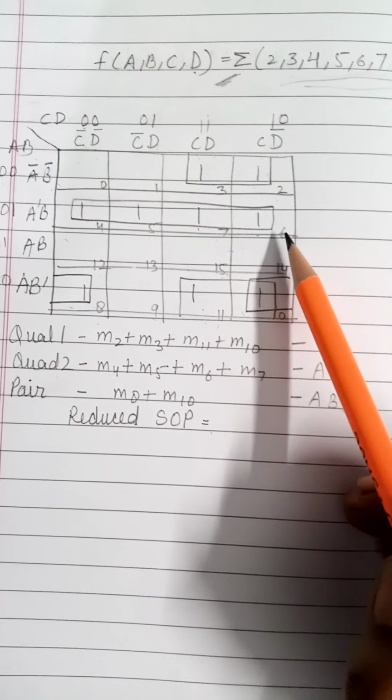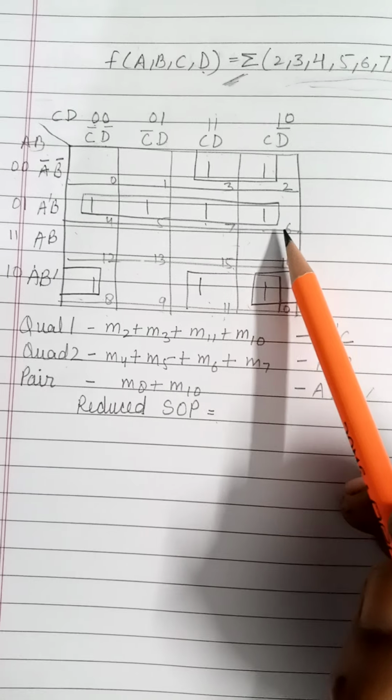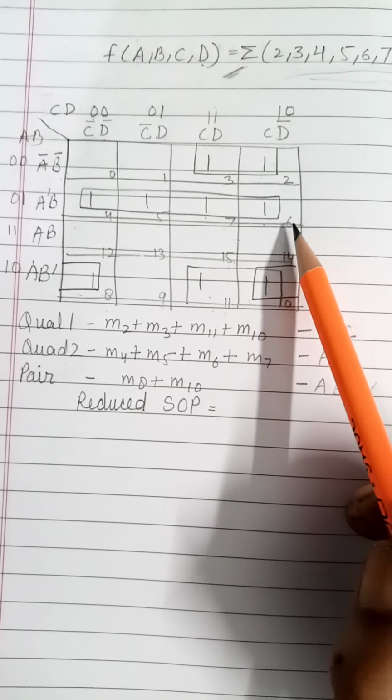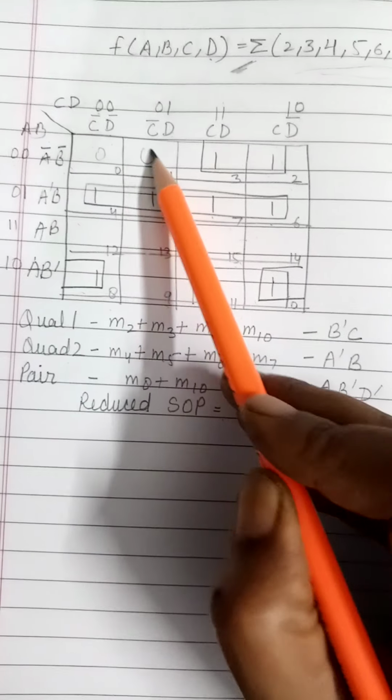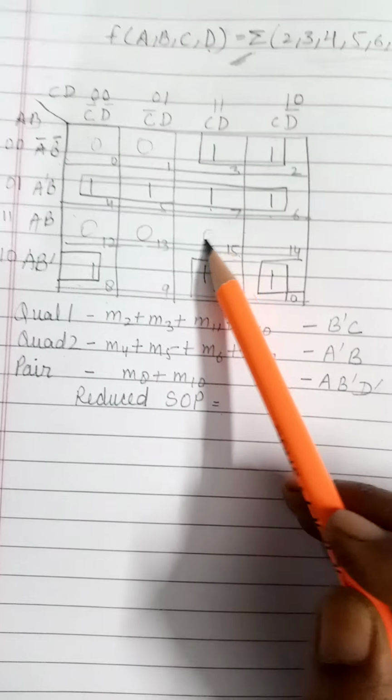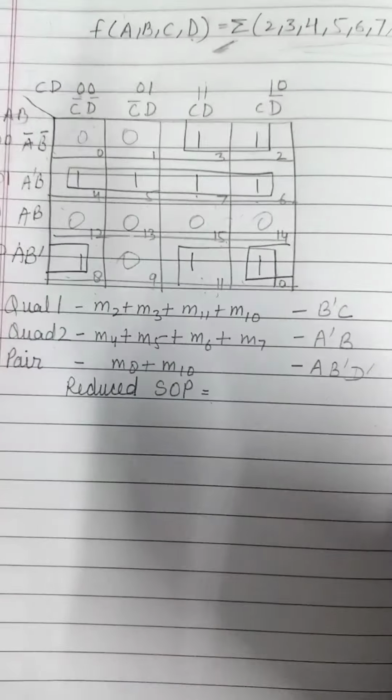So search for the biggest group, that is octet, group of 8. In the remaining cells you will be filling 0. Left out squares will be filled with 0.